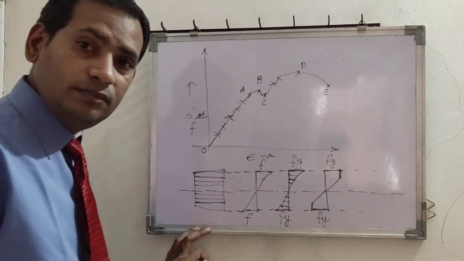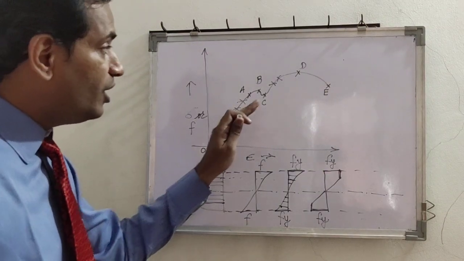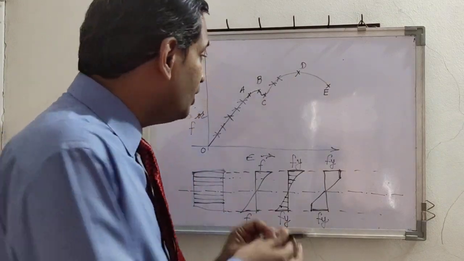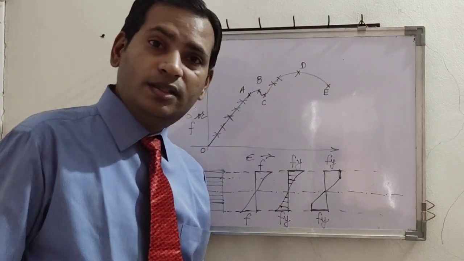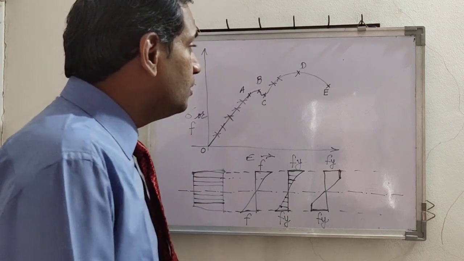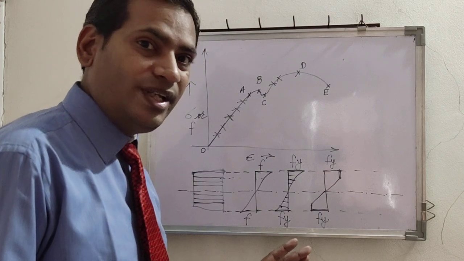Any point. Now we have to utilize this stress strain curve up to point D. What is point D in this curve? Ultimate load, ultimate point. It means material is assumed to fail.